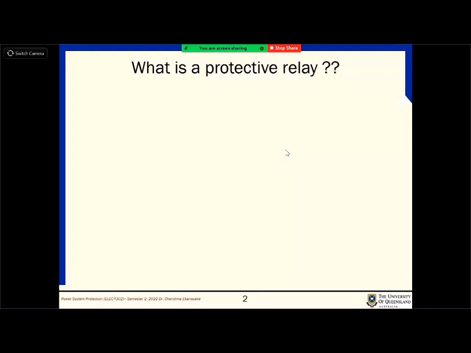Therefore the relay involves defective systems. If the system is not defective, the relay is not important, right?